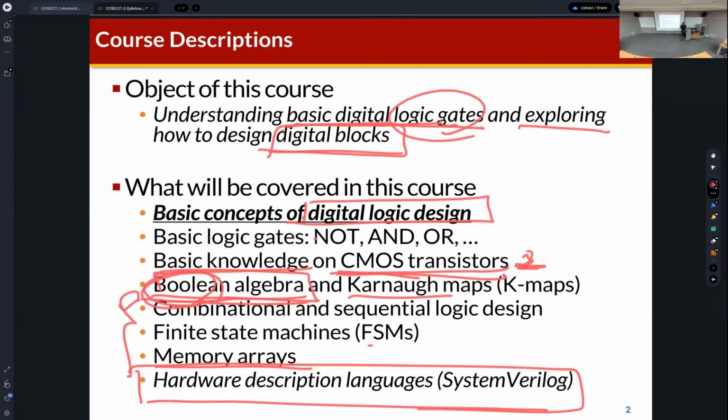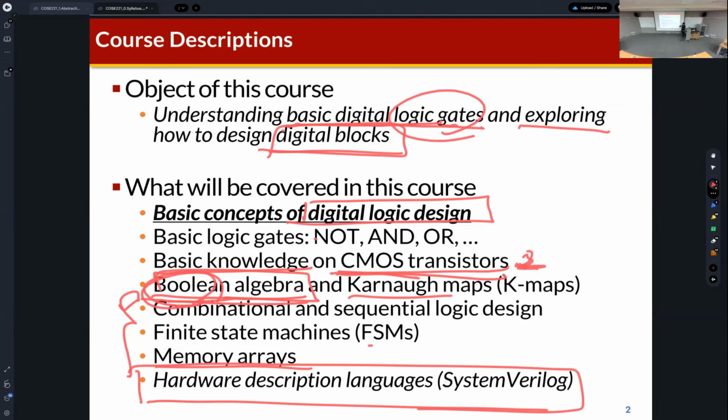With Python or C or C++. Which means that in order to implement hardware, we need to learn about hardware description languages. It's a kind of programming language, very similar to C or C++.